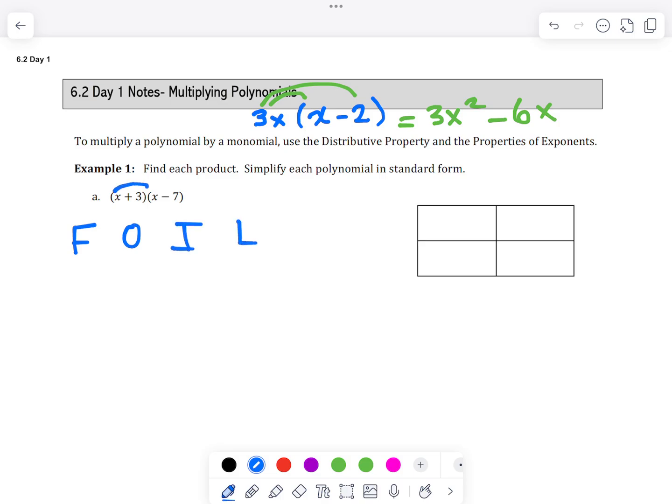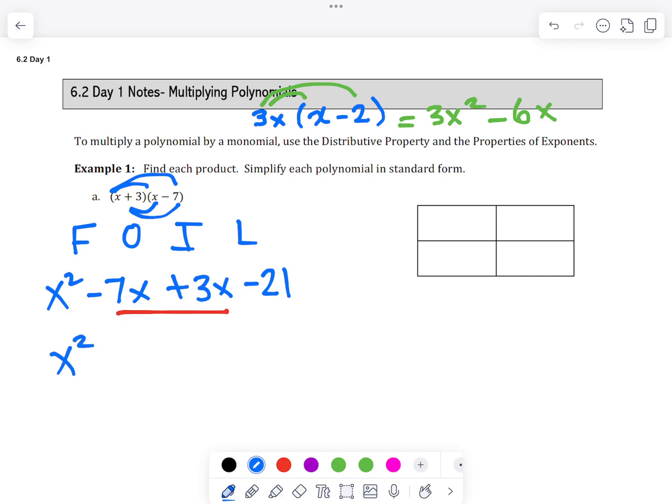So we have x times x is x squared, x times negative 7, negative 7x, inside 3 times x, 3x, last, 3 times negative 7, negative 21. And then we have a pair of like terms, so they become x squared minus 4x minus 21.